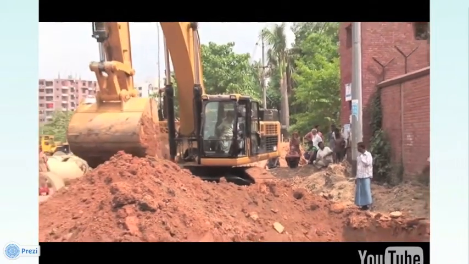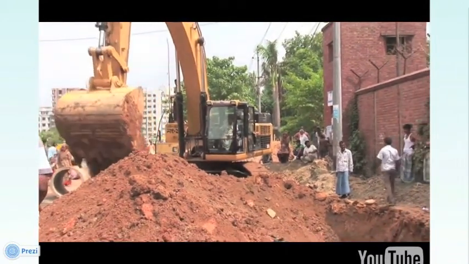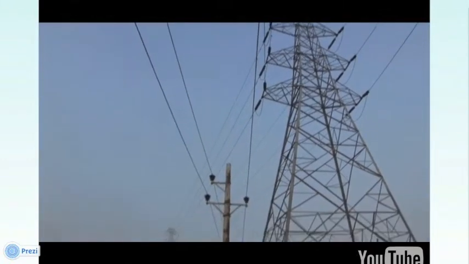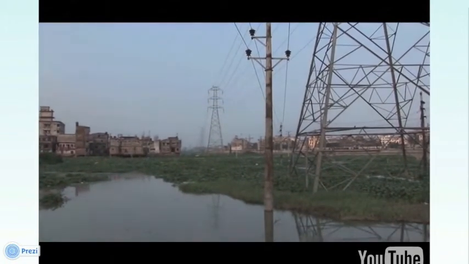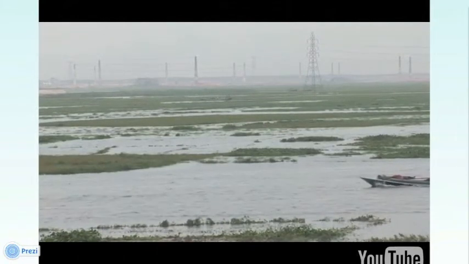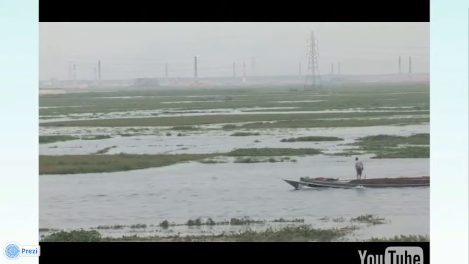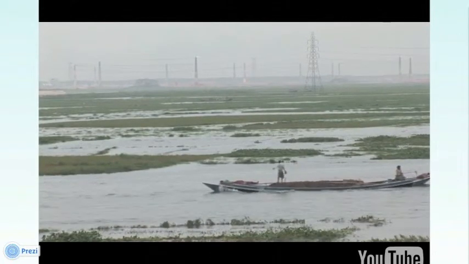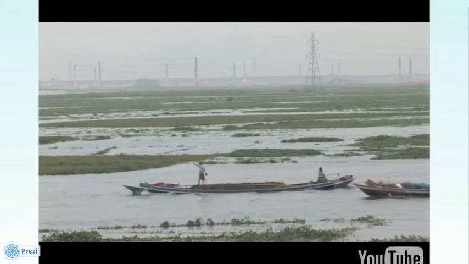Most of Bangladesh's energy is produced by gas and coal-fired power stations, and that means almost all the electricity used in the factories adds to pollution and CO2 emissions. When it comes to water, Bangladesh might be one of the wettest countries in the world, but a lack of funds means the supply network is run down.